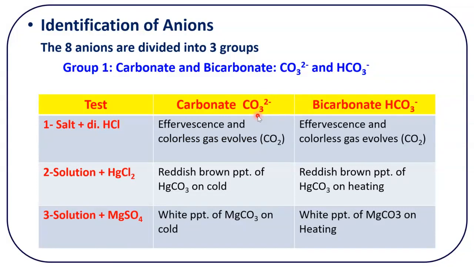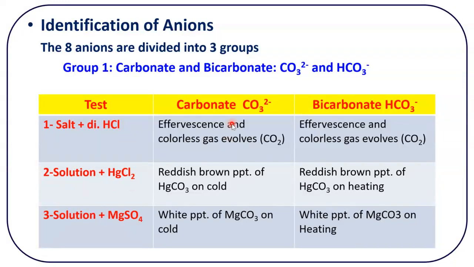The other tests we call confirmation tests or confirmatory tests, and you have to do them on a solution. What does solution mean? It means mixing the salt with a certain solvent and ending up with a clear solution. So you have the salt, add a few milliliters of water, and then add the first reagent, which is mercury chloride.